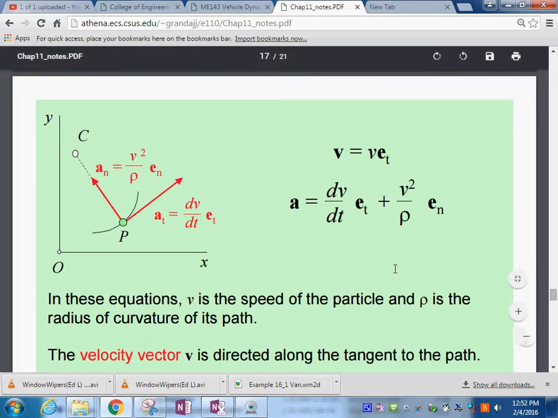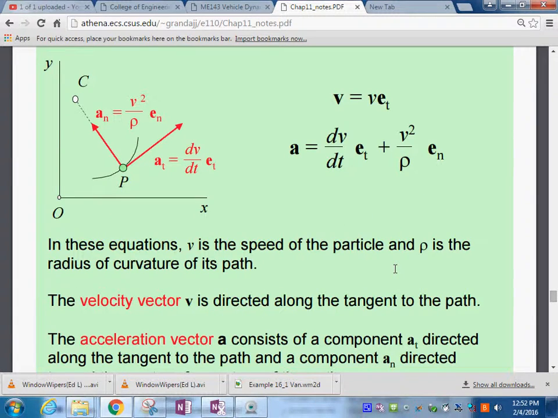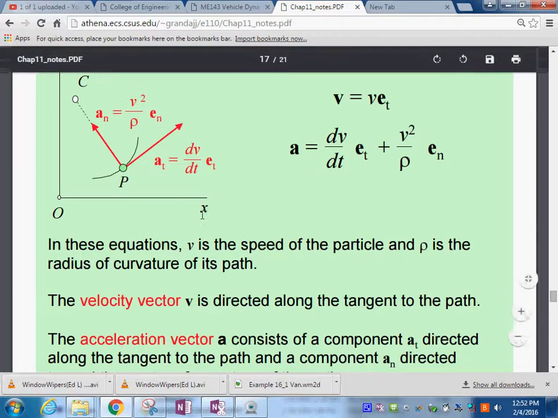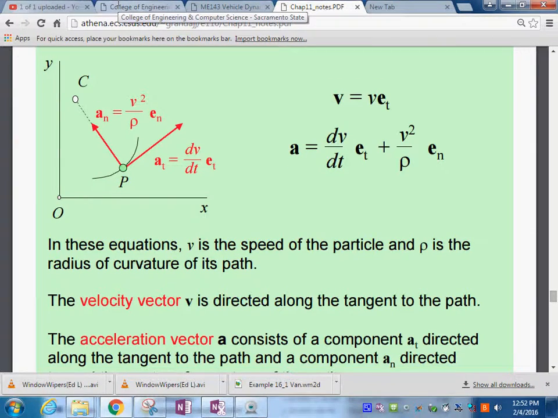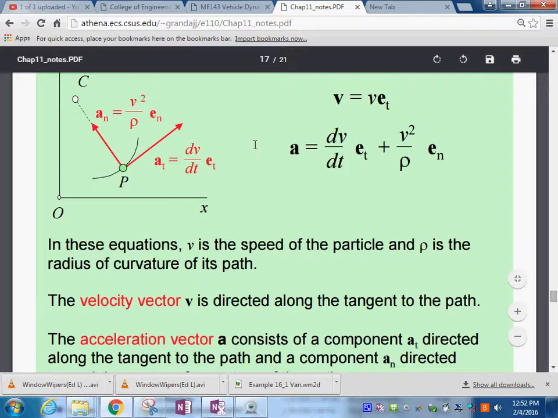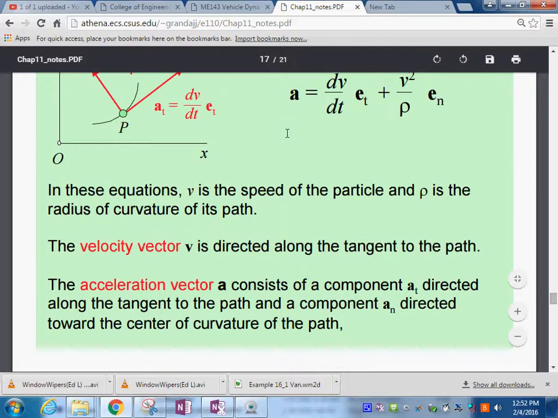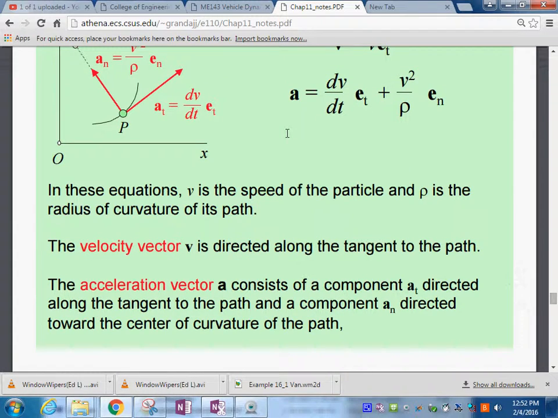Okay, so we have in here for the particle dv/dt. This is written in terms of the tangential and normal coordinates. So in this equation, v is the speed of the particle, and rho is the radius of curvature of its path.